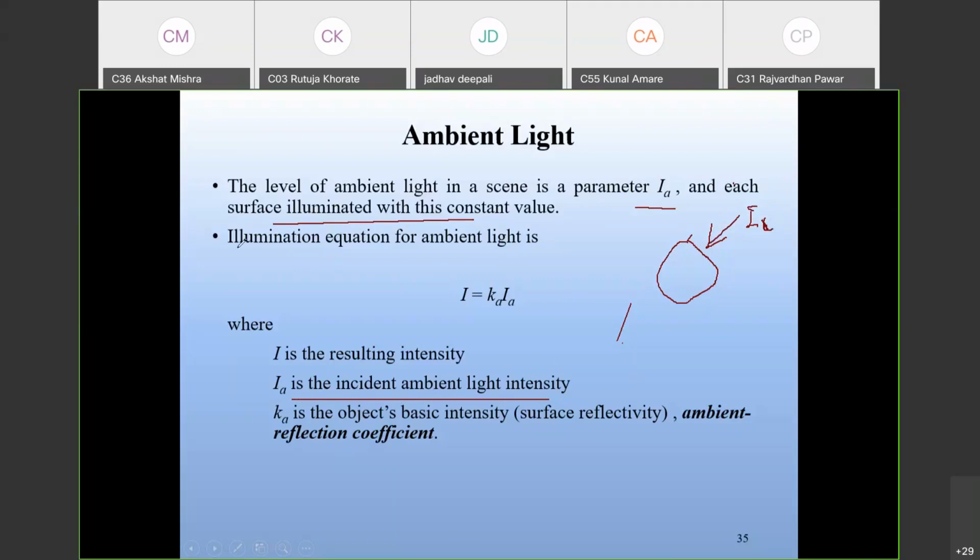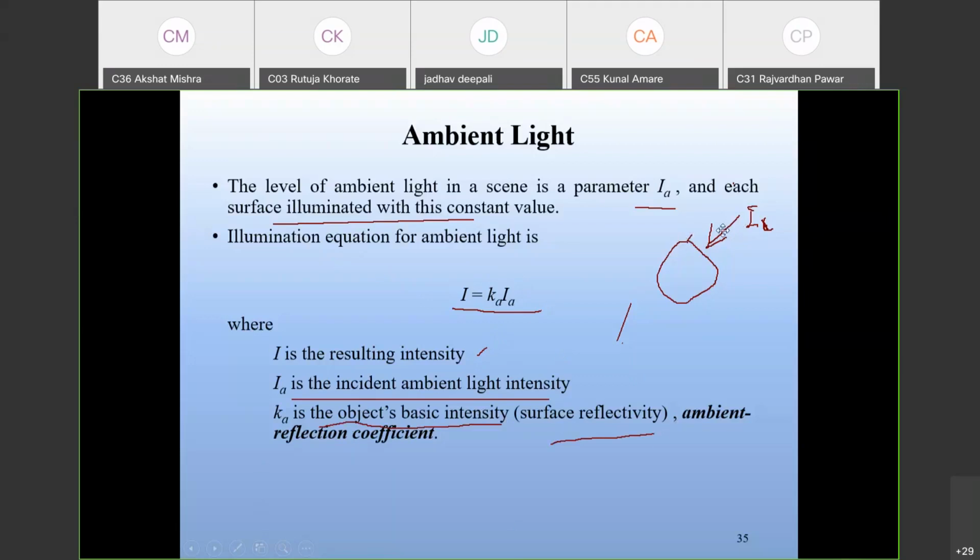So the equation is: I, the resulting intensity, is equal to Ka multiplied by Ia. Ia is the incident ambient light intensity, and Ka is the object's basic intensity, the surface reflectivity, meaning the ambient reflection coefficient.